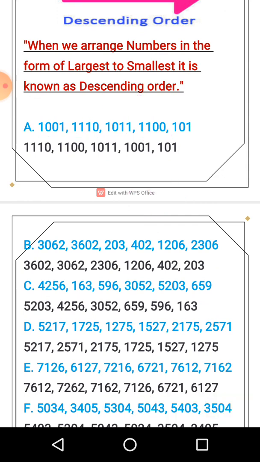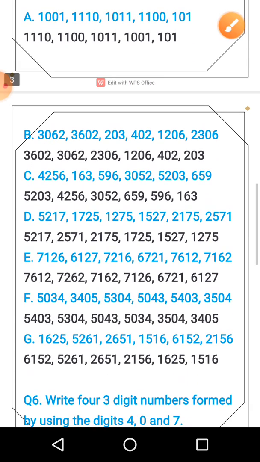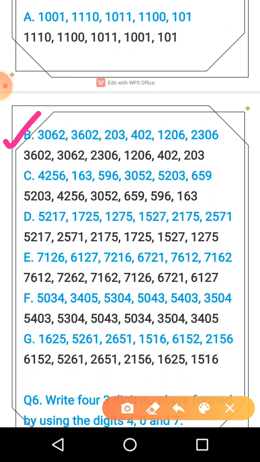Okay, let's talk about question number B, that is 3062, 3602, 203, 402, 1206 and 2306.